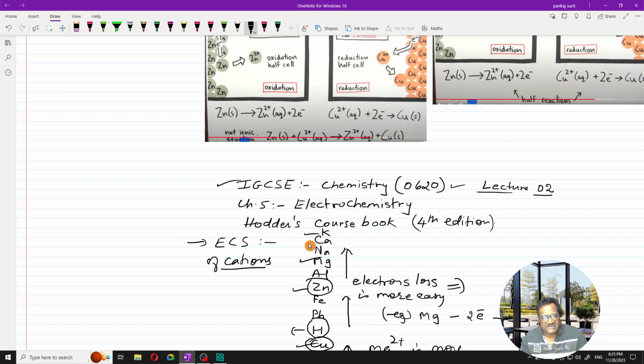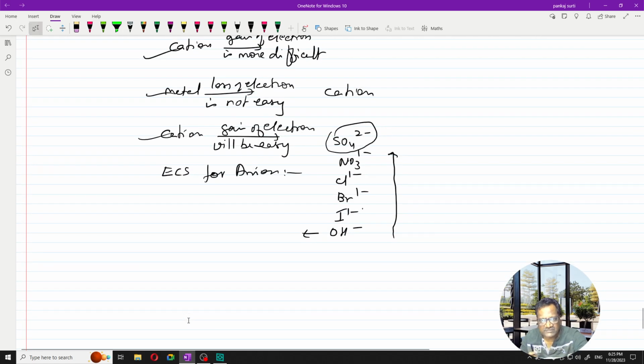So potassium, calcium, sodium, these are the elements whose ions will find it difficult to reach the cathode. So when there is a competition, the upper one will lose the battle compared to the lower one. That way you can understand. In the case of cations, and in the anions also, the same logic you have to apply. The upper ones will lose the battle in comparison to the lower ones in reaching the anode.